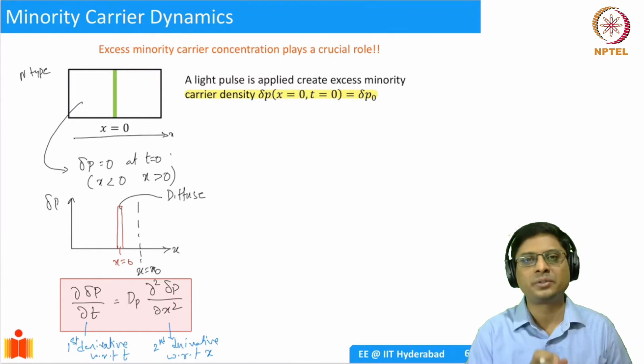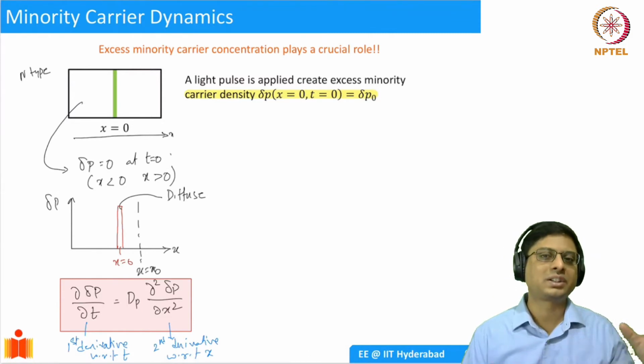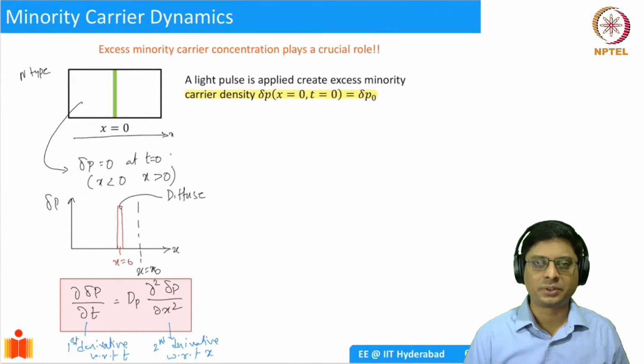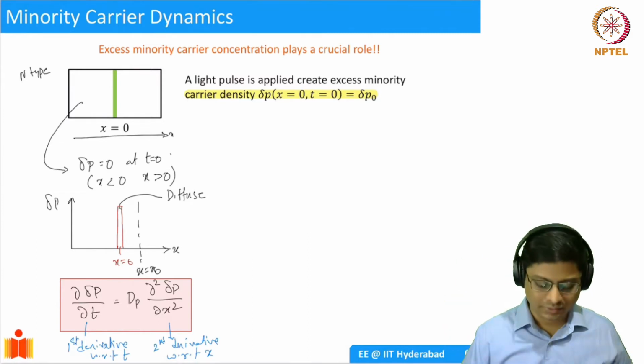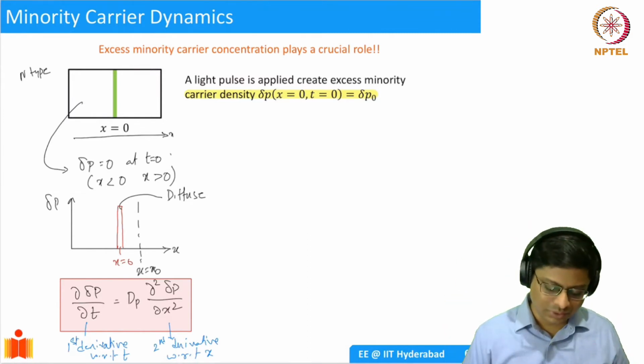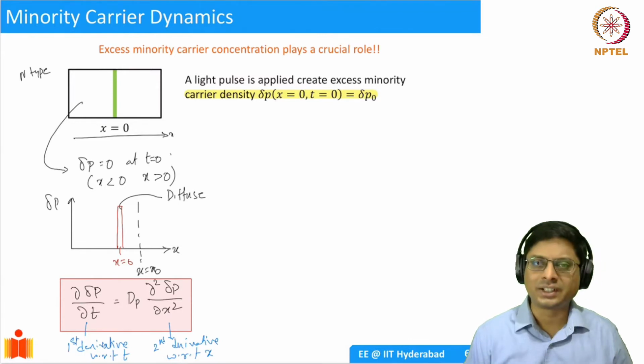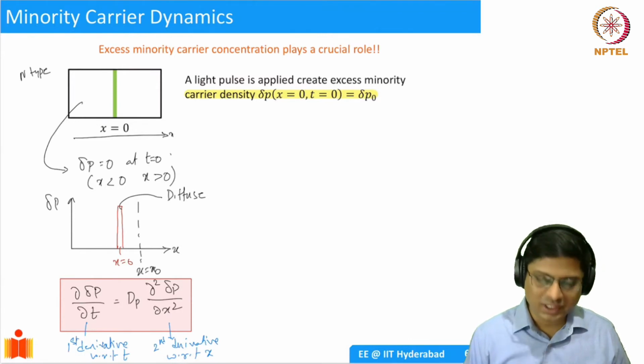This is the same diffusion coefficient which you saw in the diffusion process. We wrote the current density as the product of diffusion coefficient times the gradient. If you want to look at the time change also, then you could do this. They are all interrelated. So this is the original equation. From that you can derive the current densities and so on.